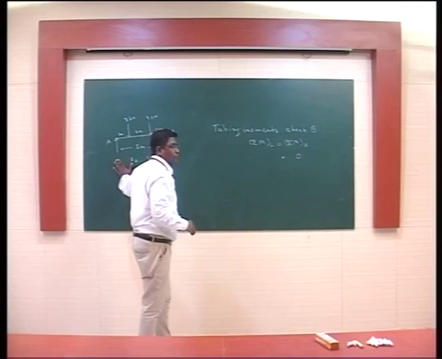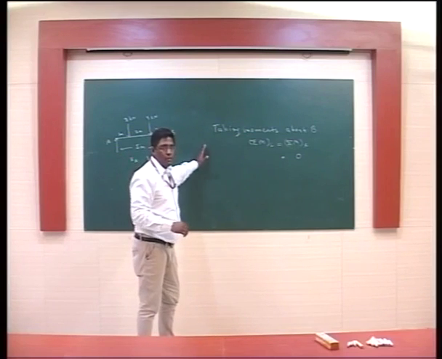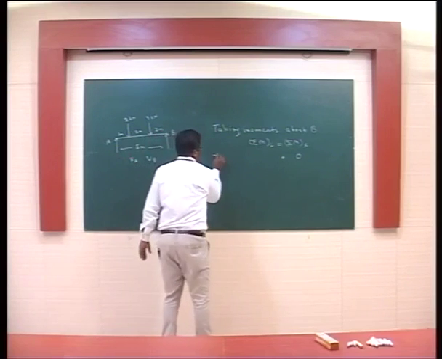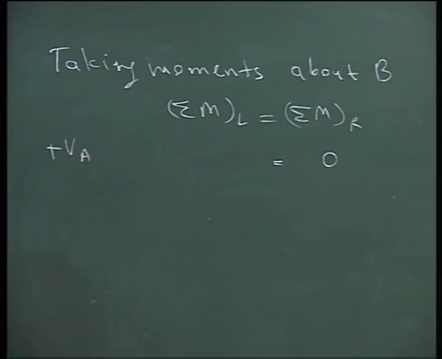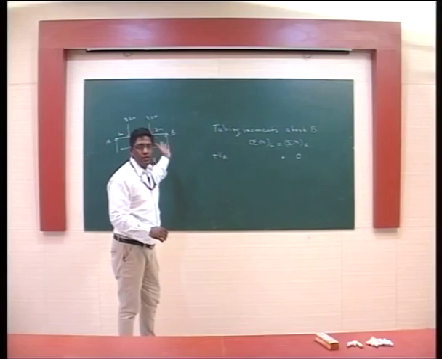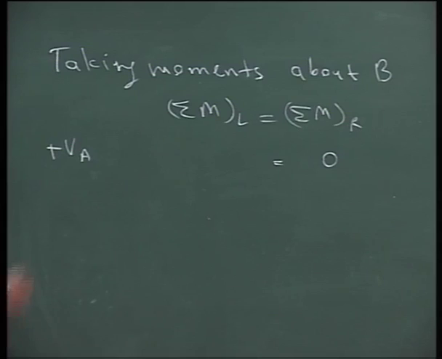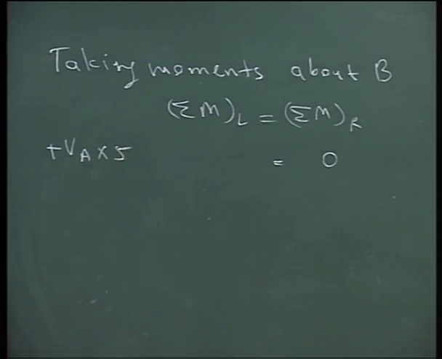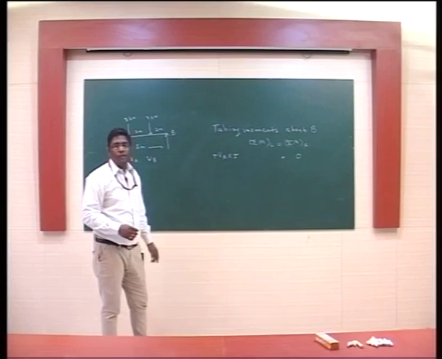In the left side we have 4 forces: VA, 3, 4 kilonewtons and VB. Now first of all we talk about VA. With our sign convention, as the force VA is on the upward side, it will cause a positive bending moment. The distance of VA from B is 5 meter, we can quite easily see. So it will be VA into 5.